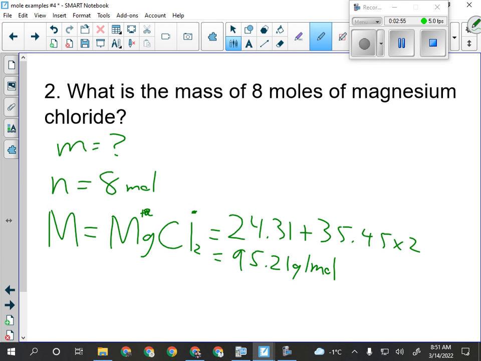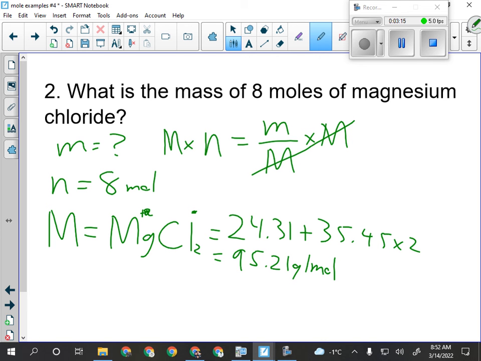Okay, so now that we've got big M and N, we can solve for mass, little m, but we have to manipulate first. I need to move big M to the other side to isolate little m. Right now I'm dividing by big M, so if I want to move something, I do the opposite. What I do to one side, I do to the other.